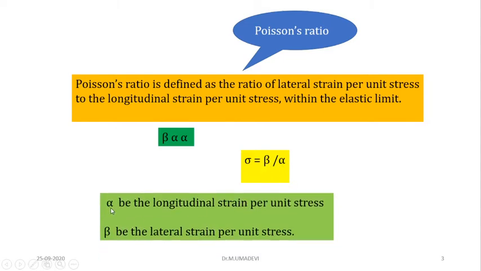Here, alpha is the longitudinal strain per unit stress, and beta is equal to the lateral strain per unit stress. So we can define the Poisson's ratio as sigma is equal to beta divided by alpha.